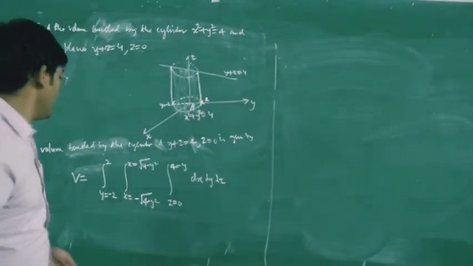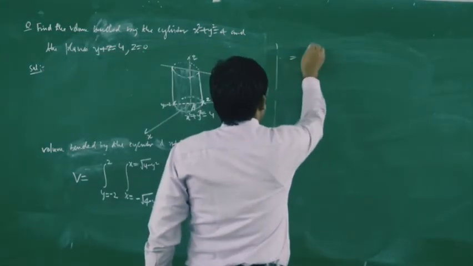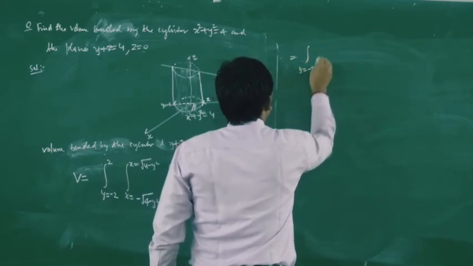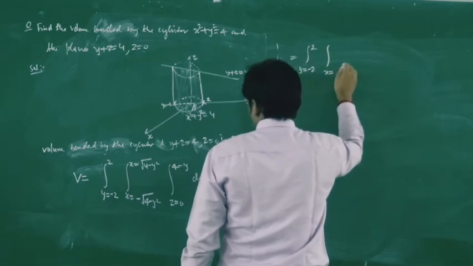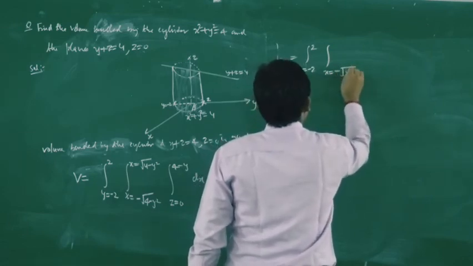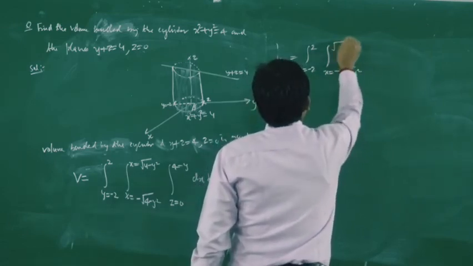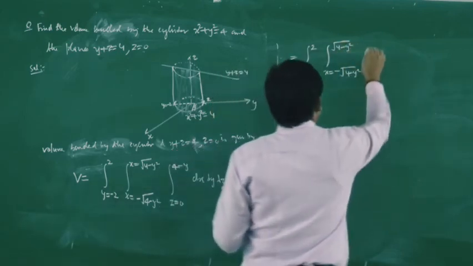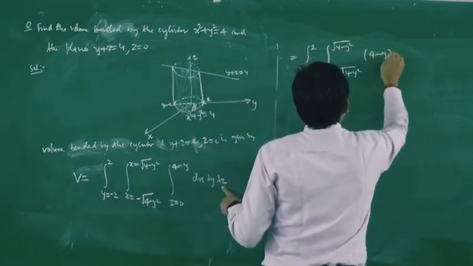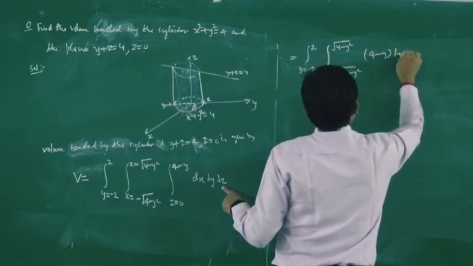So this is equal to the integral for y from minus 2 to plus 2, then x from minus the square root of 4 minus y square to the square root of 4 minus y square, then this bracket will give you 4 minus y, then we will have dx dy.